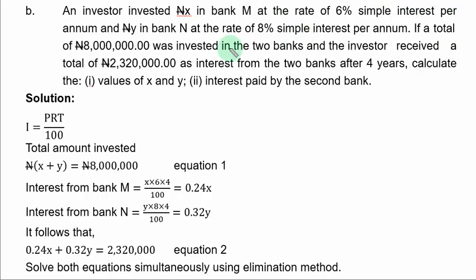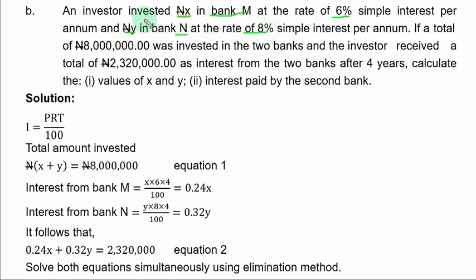Question 6b. An investor invested S naira in Bank M at the rate of 6% simple interest per annum and invested Y naira in Bank N at the rate of 8% simple interest per annum.